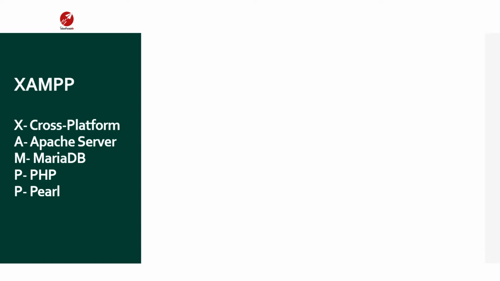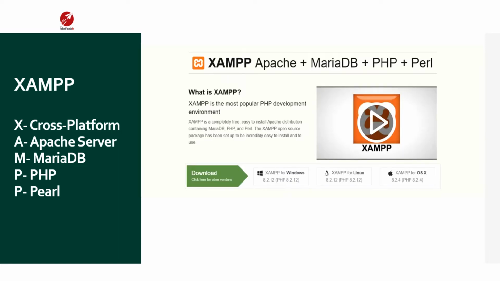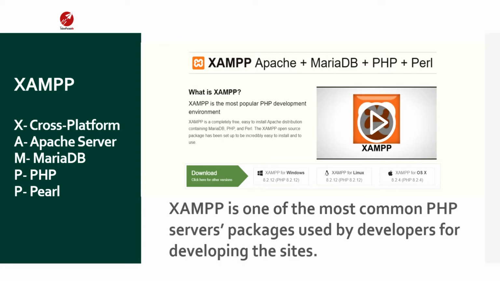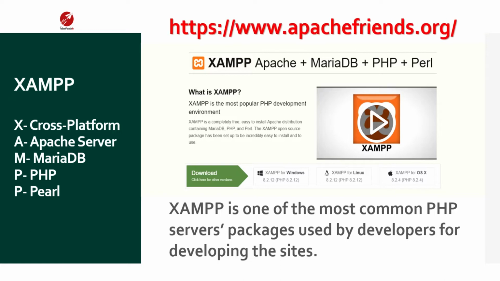For you to be able to use XAMPP, you just need to go online. It is open source. Where do you go online? You go to ApacheFriends.org, and this will be the interface that you're going to be seeing there. Once you see this interface, based on your operating system, you can click any of these.